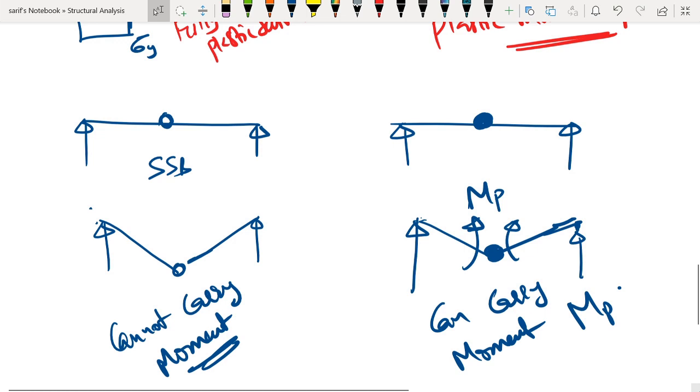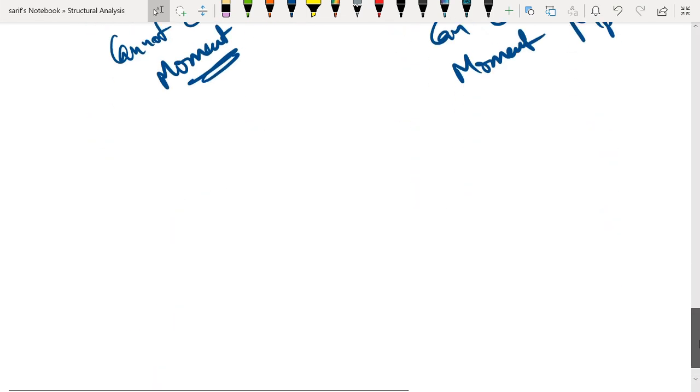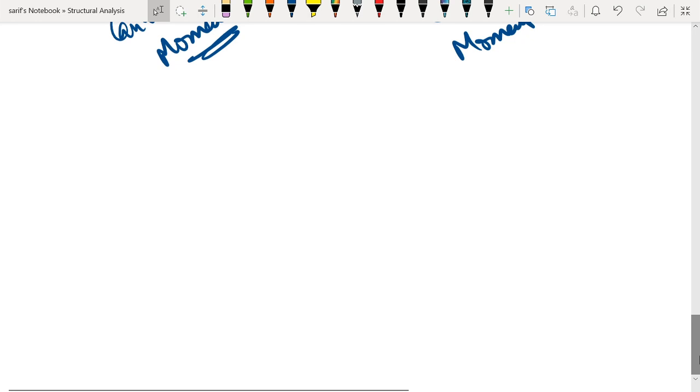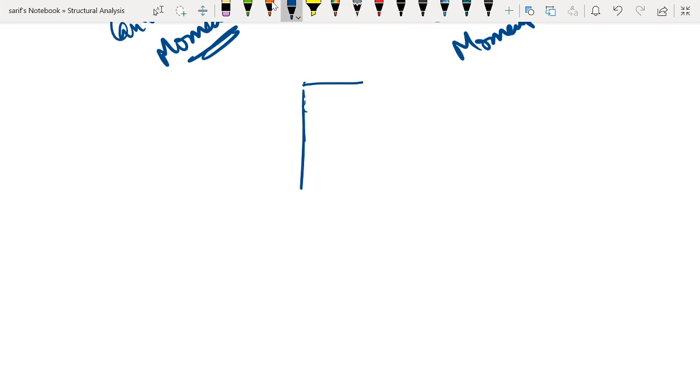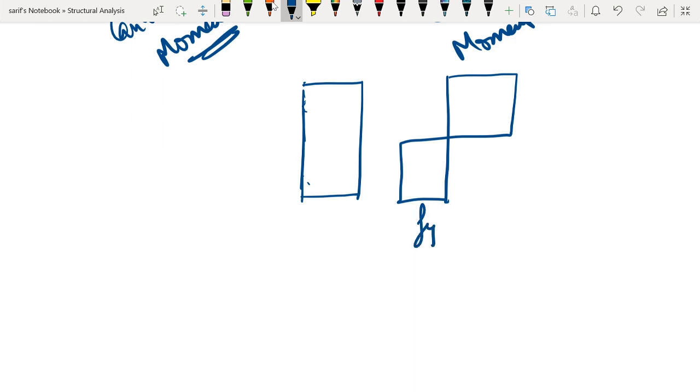Now what we have to do is develop certain relations regarding this. So let us try to see further. Let me take a rectangular cross section. If we consider a rectangular cross section, and if we assume that the cross section is fully plasticized, this is a fully plasticized section, and even in a fully plasticized section, the equilibrium has to be satisfied.